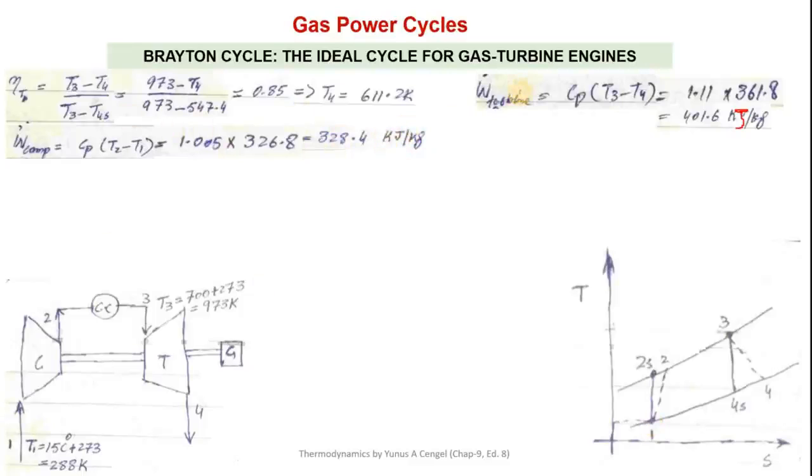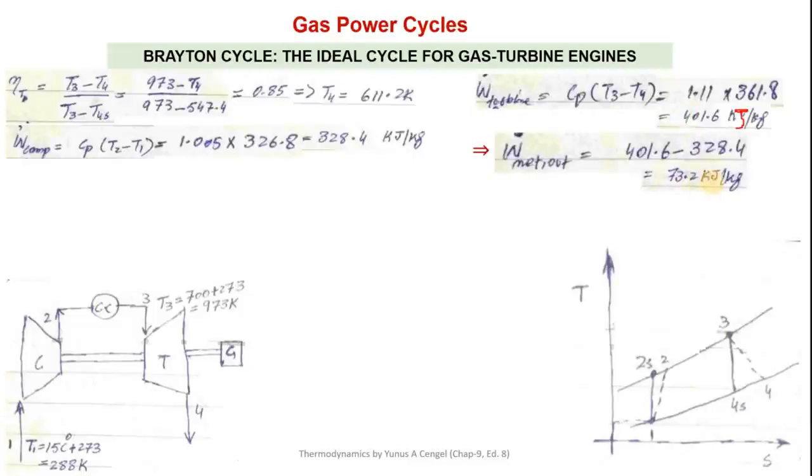Now the work of turbine minus this work of compressor will be the net work output, because a major portion of this turbine work, out of this 401.6, 328.4 will be reused to drive this compressor. So net work output will be the subtraction of these two values, and it is only 73.2 kilojoules per kilogram.